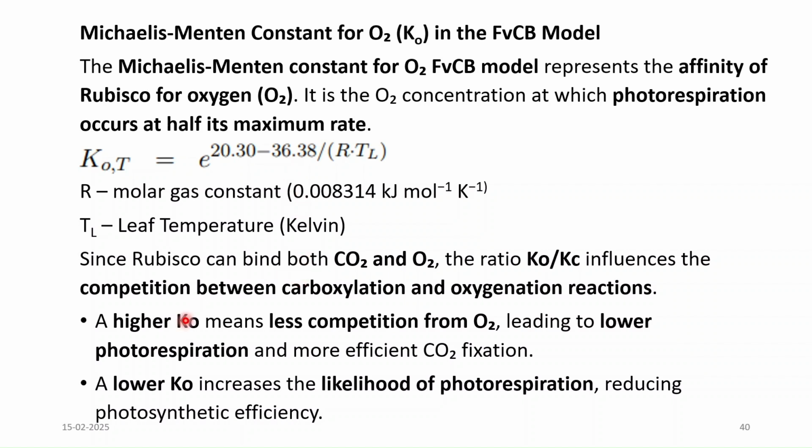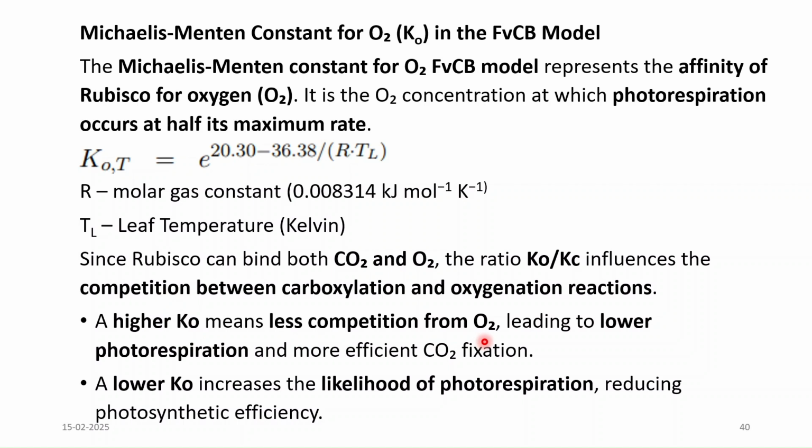And again, since Rubisco is an enzyme that binds both carbon dioxide and oxygen, this ratio of K naught by Kc, which is the Michaelis-Menten constant for oxygen and the Michaelis-Menten constant for carbon dioxide, has an important role in determining which reaction will happen, whether photorespiration or carboxylation. So a higher K naught means less competition from oxygen.